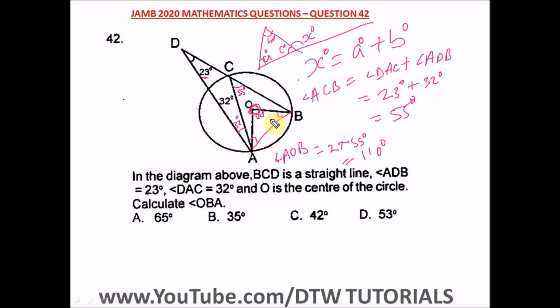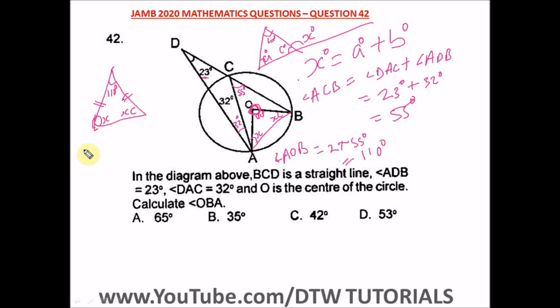And looking at this triangle, if here is x, that means here is x. This is what it looks like. So this triangle is looking like an isosceles triangle. That means the base angles are equal.